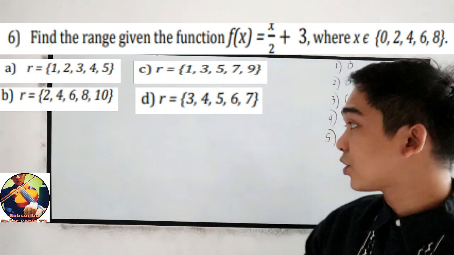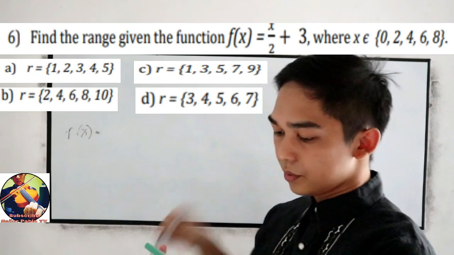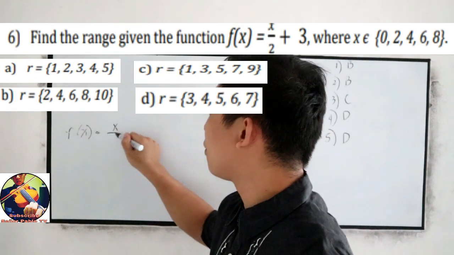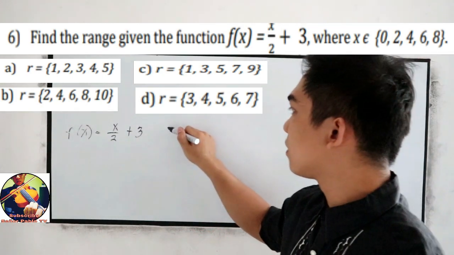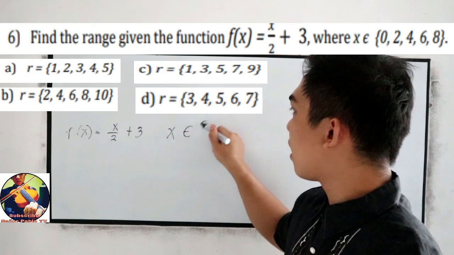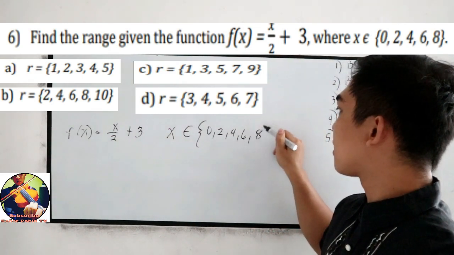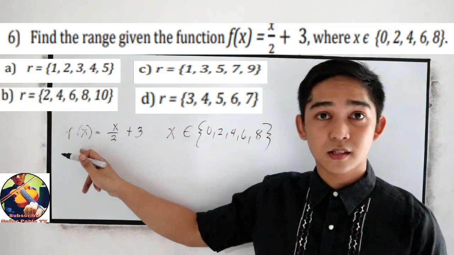So we have the function f of x is equal to x over 2 plus 3. Then x is an element of 0, 2, 4, 6, and 8. We're going to find f of x.